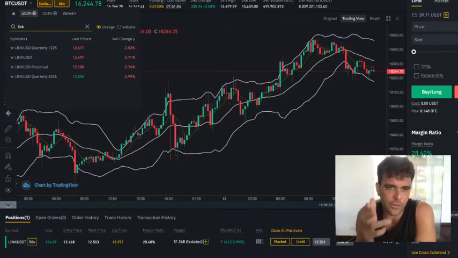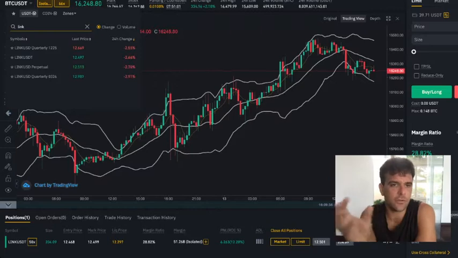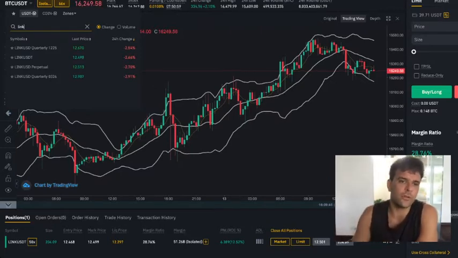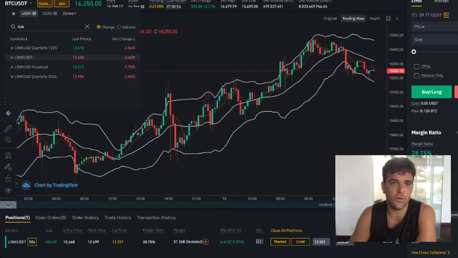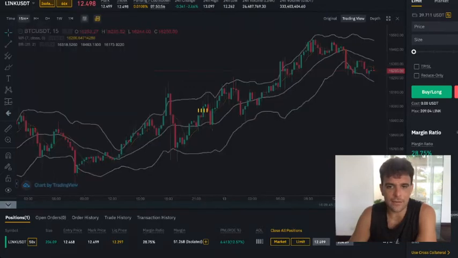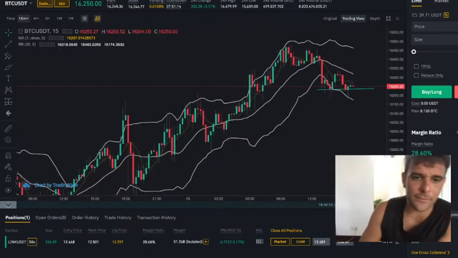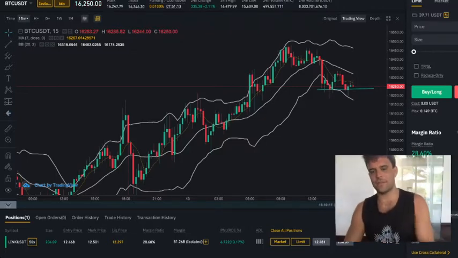If Bitcoin is trying to push through 16,400, if Bitcoin in a short term trend is moving up, then the alts like to follow, and vice versa. If Bitcoin is coming down, then the alts will come down. Not all the time, but when we have these big pumps and dumps, it's good to know where Bitcoin is today. Is it at an all-time high? Is it just plowing up as it has done for the last few weeks?